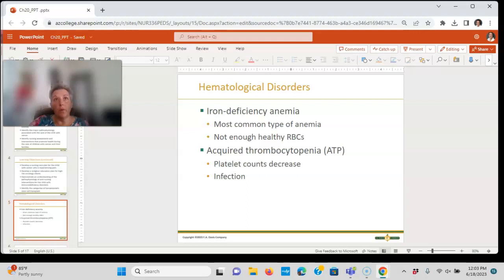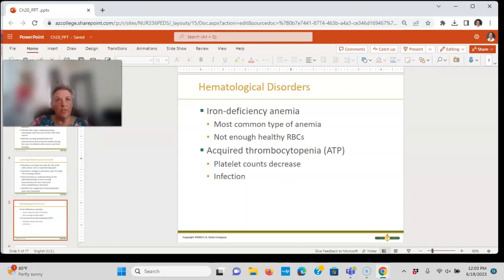So acquired thrombocytopenia, platelet counts decrease due to infection. So this would be Rocky Mountain spotted fever, tick fever, malaria, or bacterial, drug, or chemical exposure. Platelet count will recover when we know what is going on.